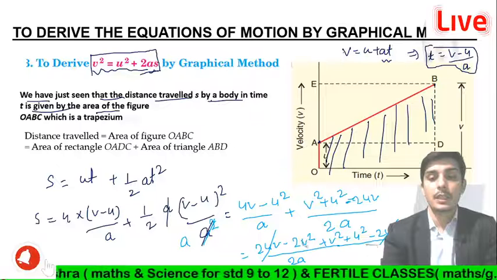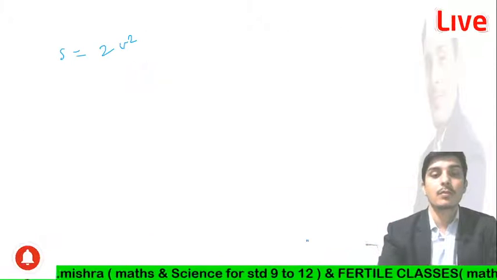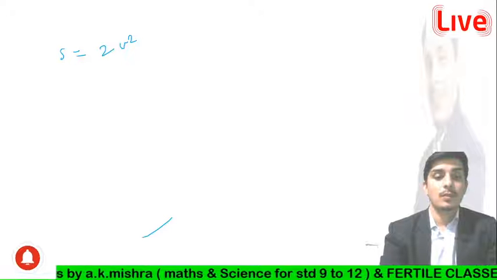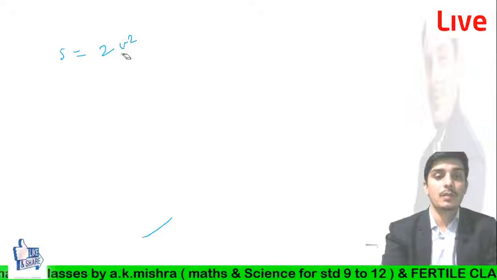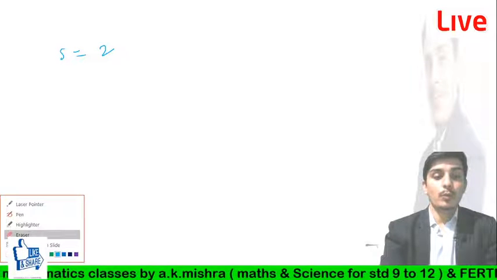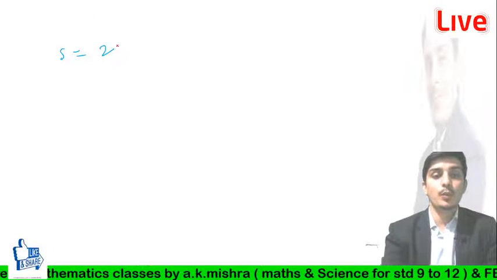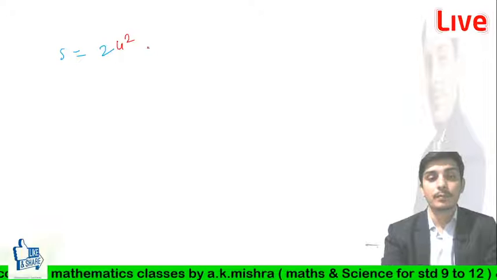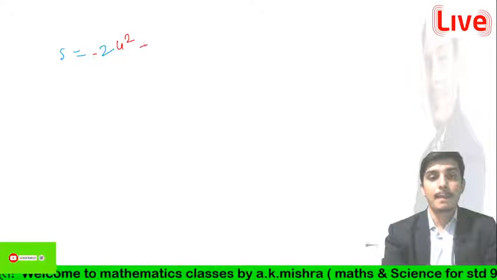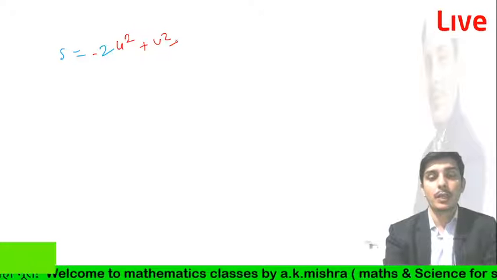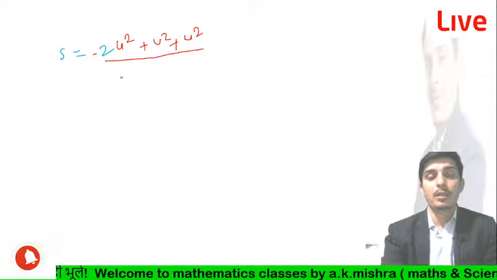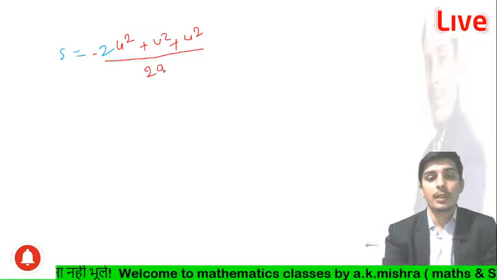Here is 2u square. So we can write s equal to minus 2u square plus v square plus u square, divided by 2a.